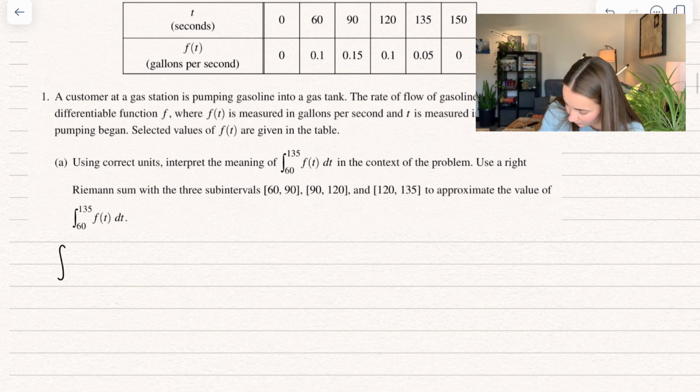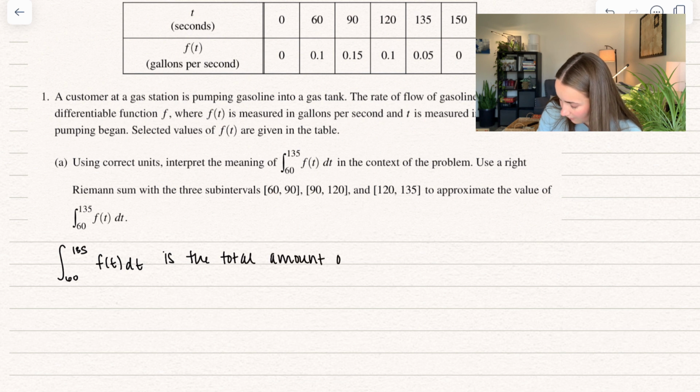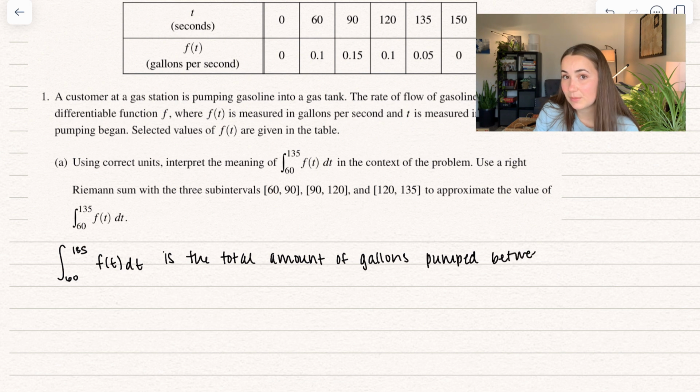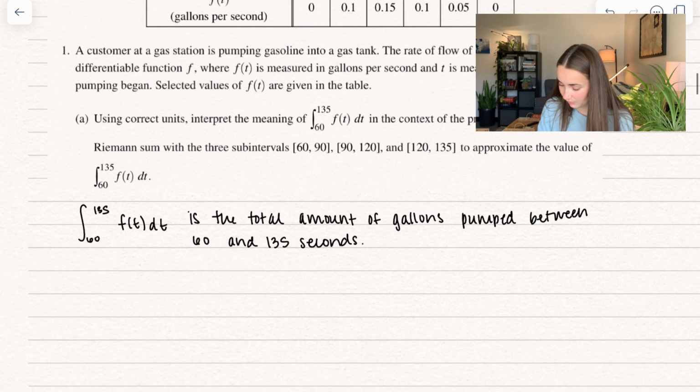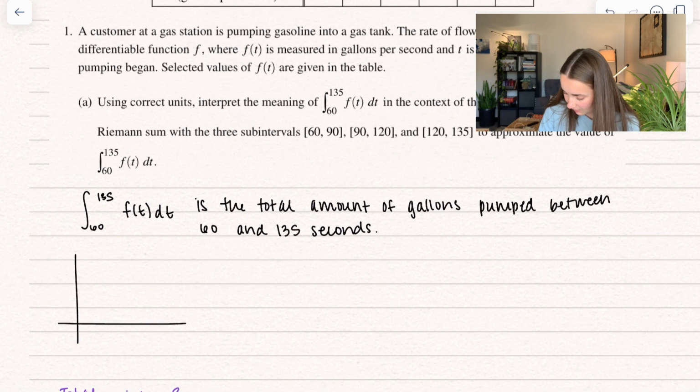We have that the integral from 60 to 135 of f of t dt is the total amount of gallons pumped between, and that's going to be the bounds, so between 60 and 135 seconds. So how did I know that? f of t is in gallons per second, and when we integrate, we're finding the area under the curve. If we have a curve like this, we're finding the area between 60 seconds and 135 seconds.